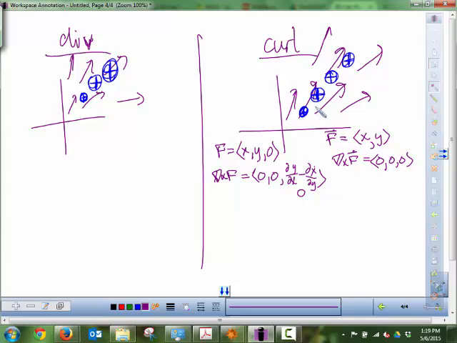So the point is that if you drop this thing onto this flow, it's not going to turn at all. So the curl is going to be 0.